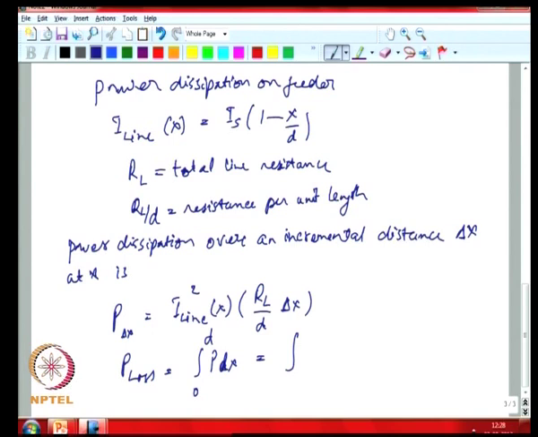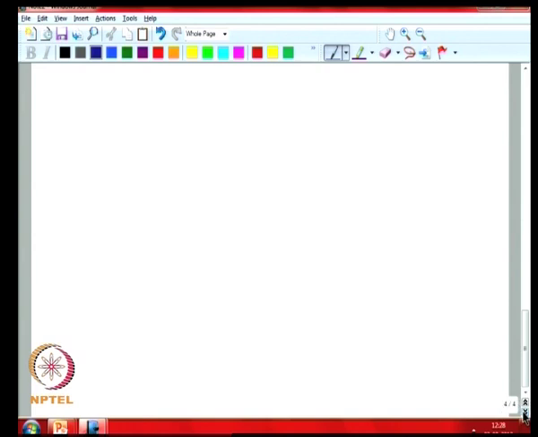So, this would be equal to the integral from 0 to d, again with the same assumptions of uniform loading, etc. And so, you could evaluate this integral.